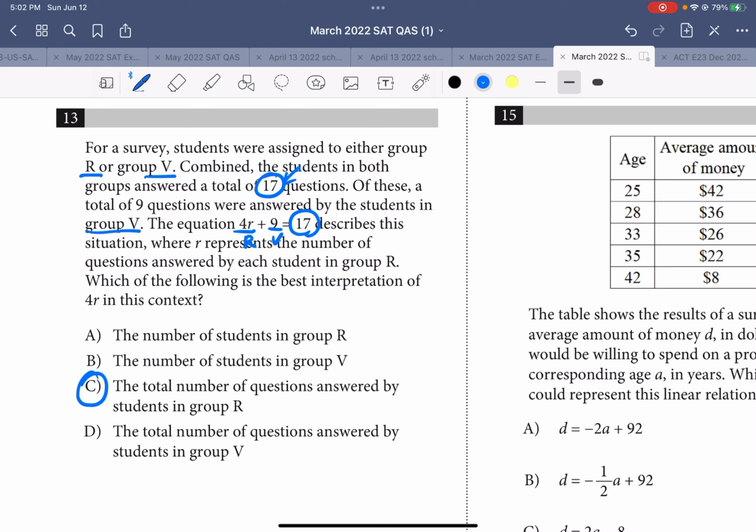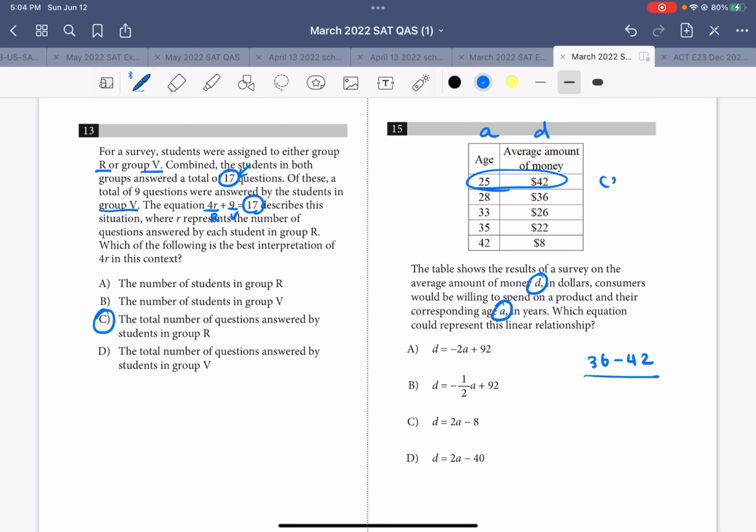So let's see, when you plug it in, this is A and this is D. First of all, you can find the slope: 36 minus 42, y2 minus y1 over x2 minus x1. I'm using those 2 points.